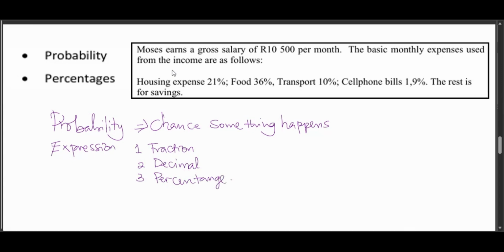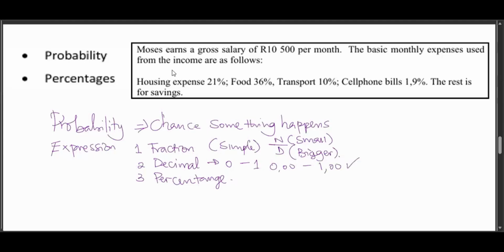As a fraction, you have to simplify it, and it has to be a common fraction: numerator over denominator. The numerator has to be smaller, and the denominator bigger than the numerator. As a decimal, the answer should run from 0,00 to 1,00.